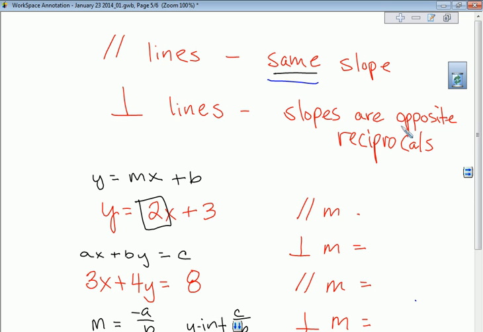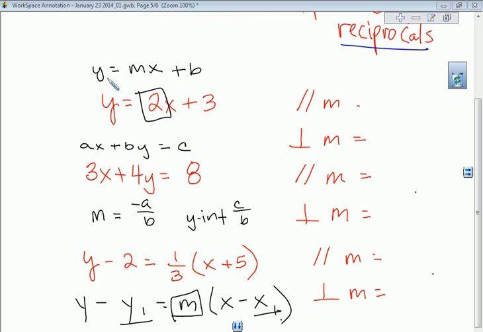Perpendicular lines, the slopes are opposite reciprocals of one another. And there are 3 forms that you were given lines in. You were given lines in slope-intercept form, y equals mx plus b. Standard or general form, ax plus by equals c. And you were given them in point-slope form. Now, my summer work had them in all 3 forms also. So you got practice with it again then.